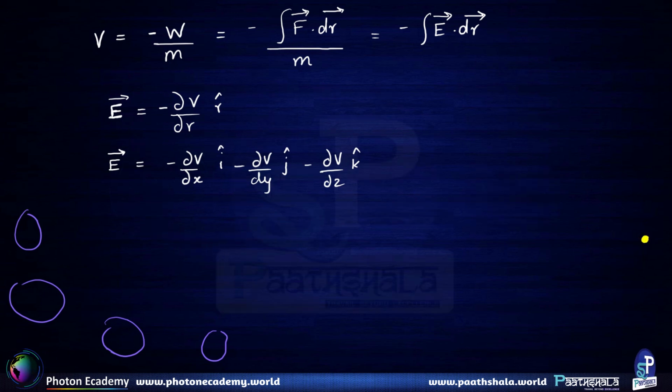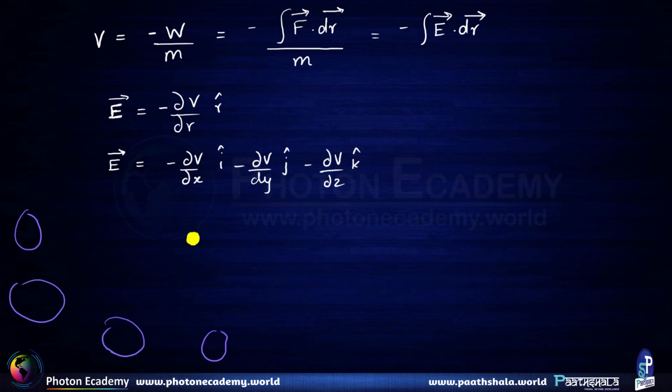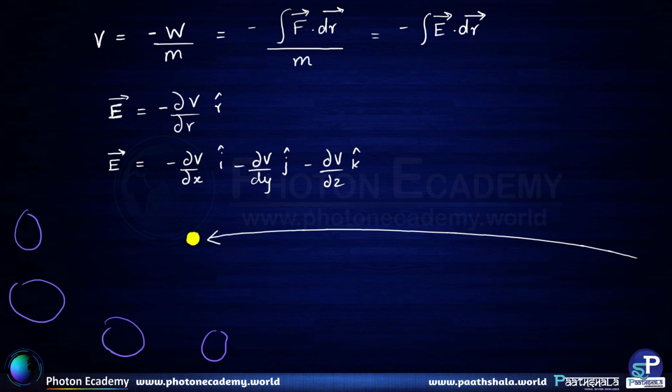Let us say the mass comes over here. Then we consider the work done by the net force of gravitation in moving this mass from infinity to a finite distance.